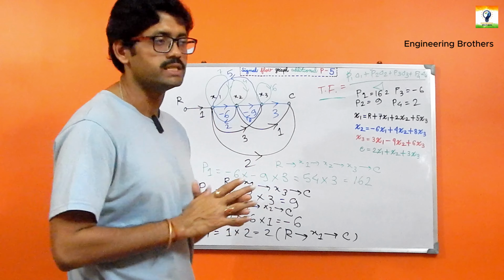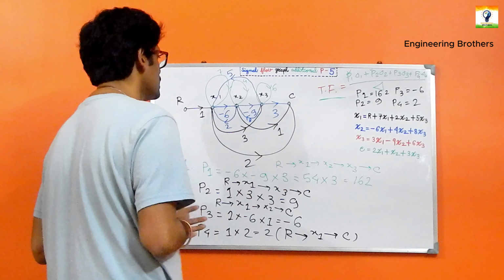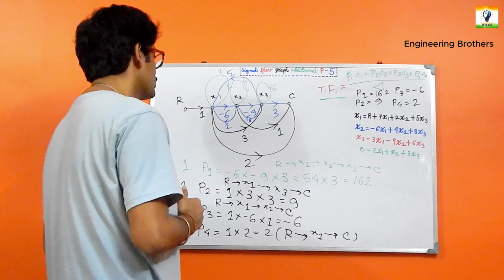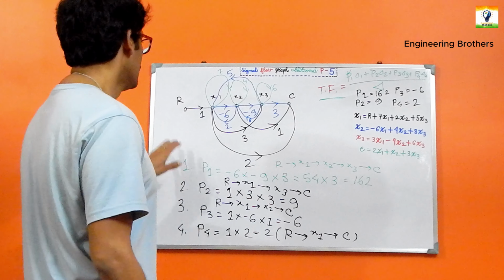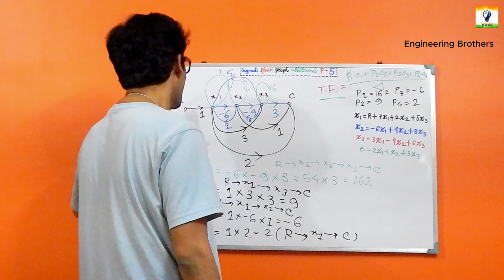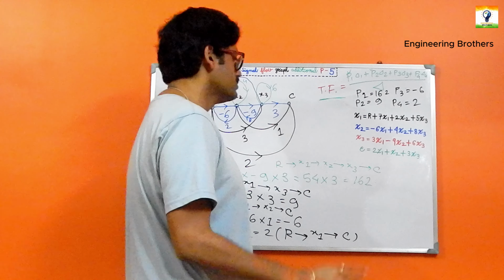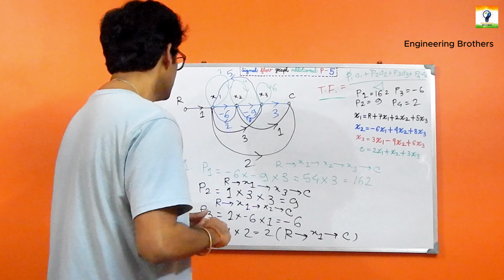Quite naturally, you can see that the exact definition of the forward path is properly indicated over here. It starts from the R node and ends at the C node without changing any direction of the arrow.